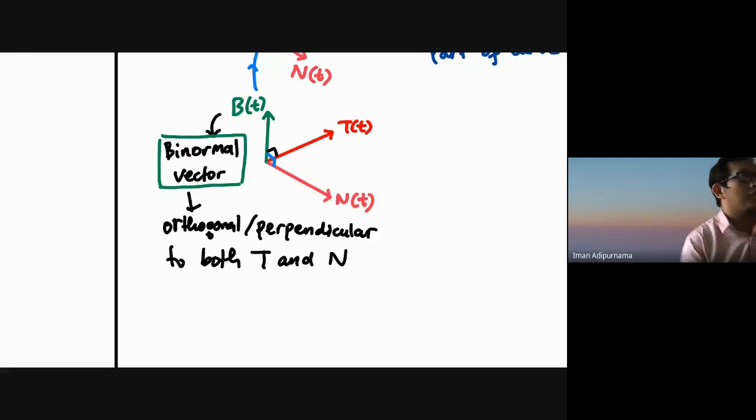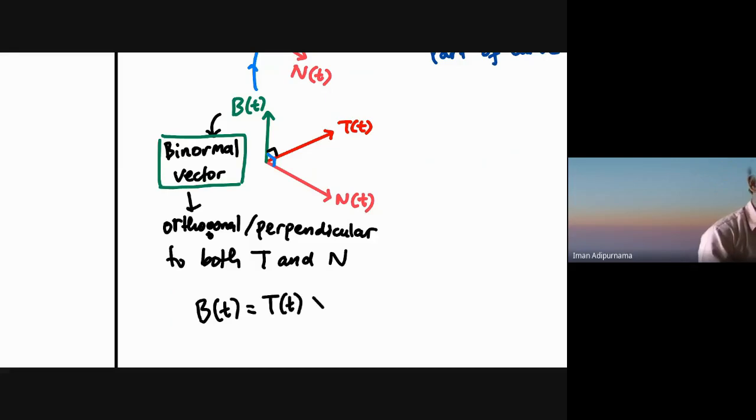We can relate it through the cross product. So T cross N is B, right? Okay, because they are all vectors. So let me write here. T cross N.